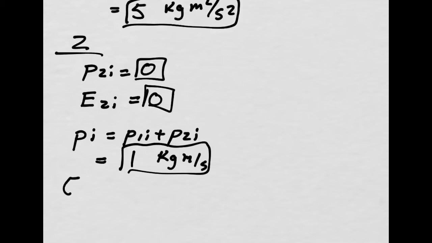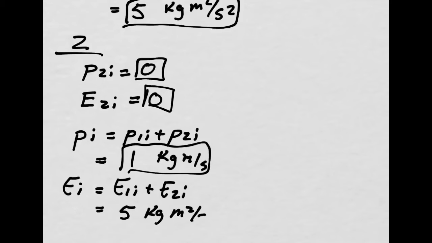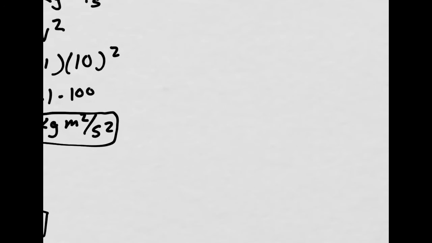E initial is equal to E1 initial plus E2 initial. That is 5 kilograms meters squared per second squared. So we know our initial energy and our initial momentum. So let's go to our final case.